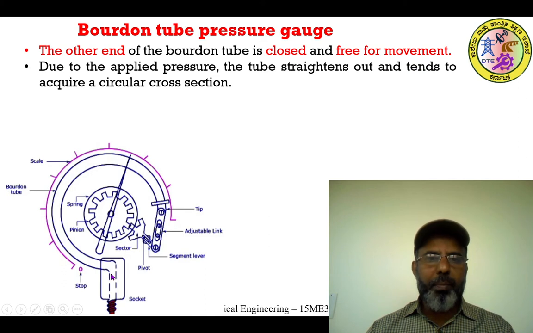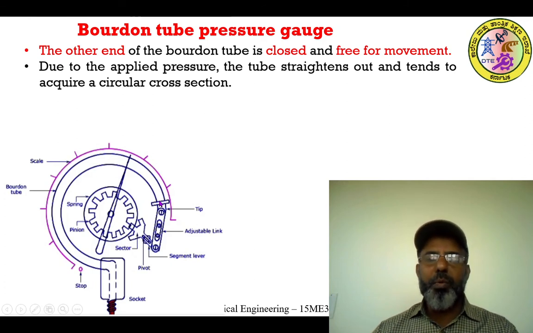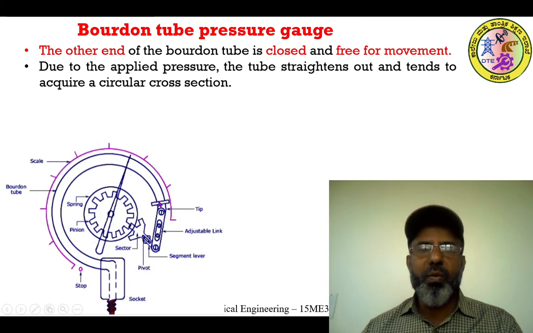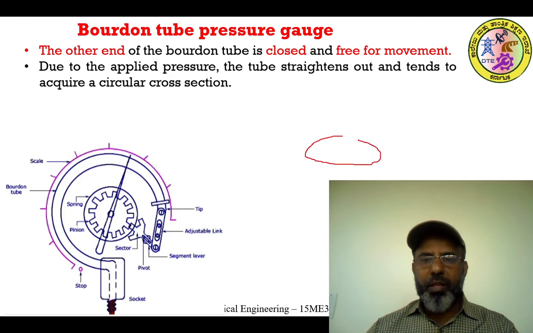And due to the applied pressure, when the fluid flows, the tube tends to straighten. Generally, the angle of this bent tube is approximately 270 degrees, and the shape of the cross section of this tube is elliptical.